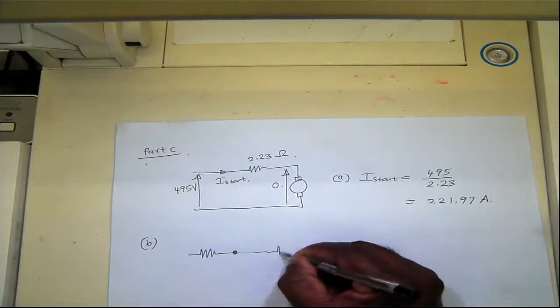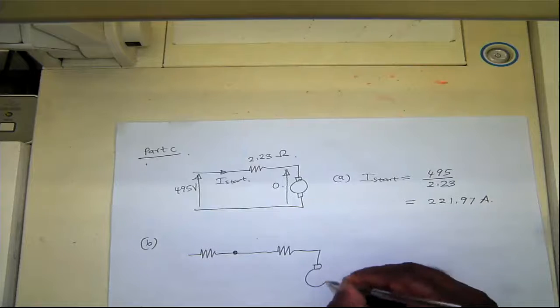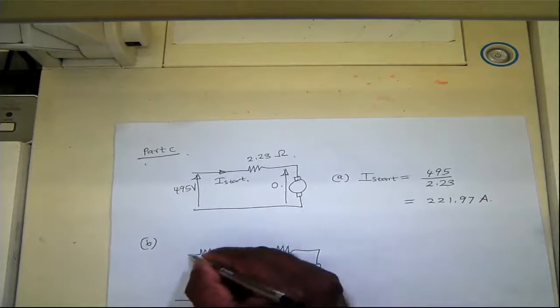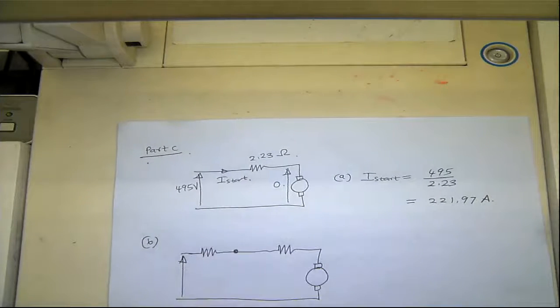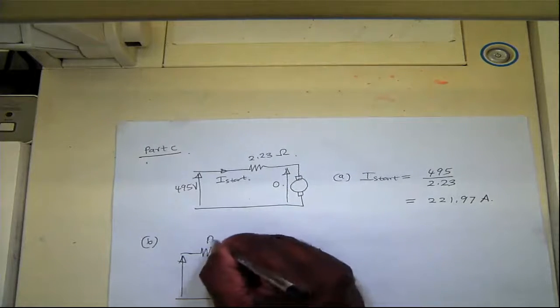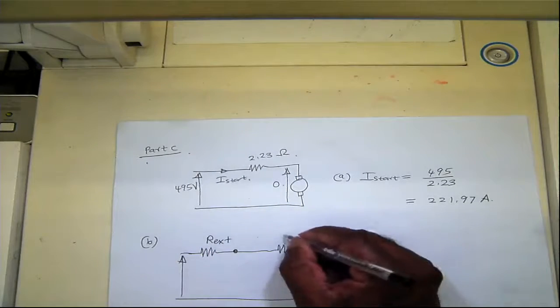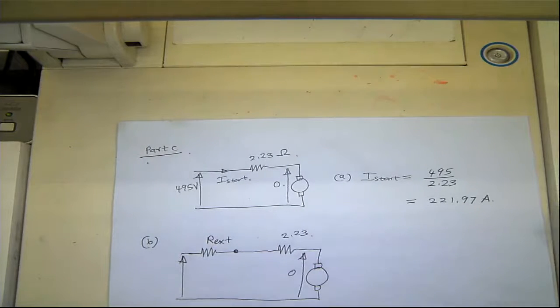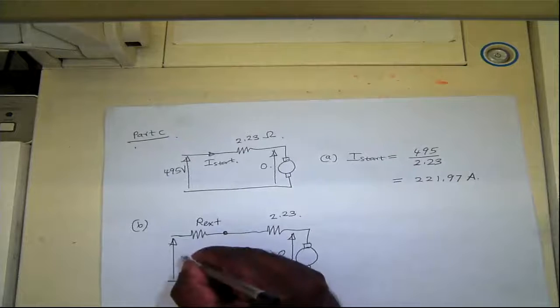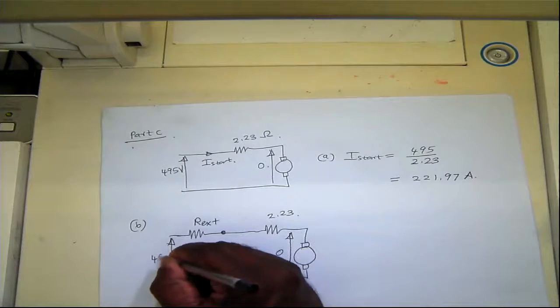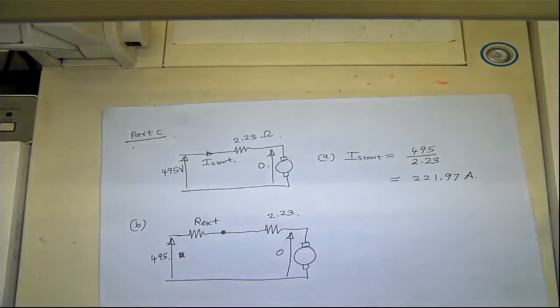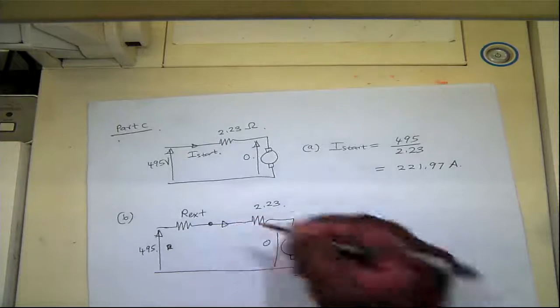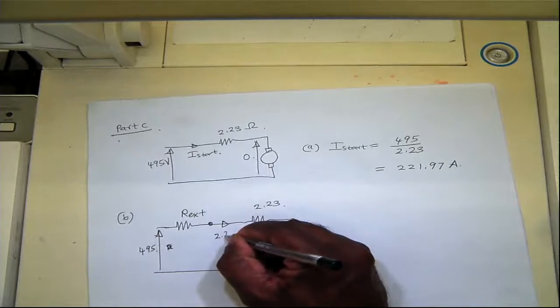This is the external resistance, and this is 2.23, and at starting it's 0 volts here. This is 495. We want to limit this current at the rated value, which is 29.9.